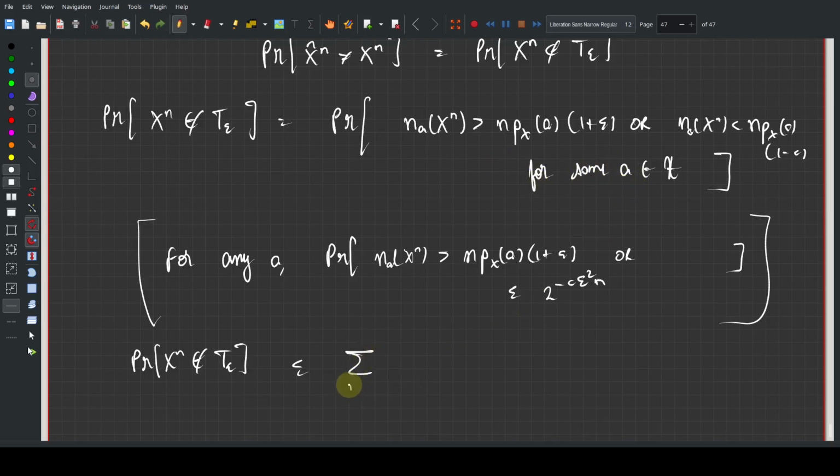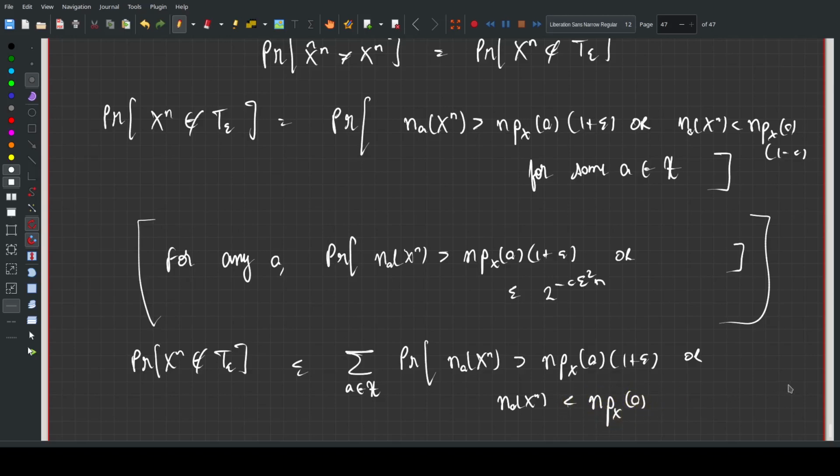So this is less than or equal to the summation over all a in X of the probability that the number of times the symbol a occurs is greater than n p_X(a) times (1 plus epsilon), or N_a of x^n is less than n p_X(a) times (1 minus epsilon).